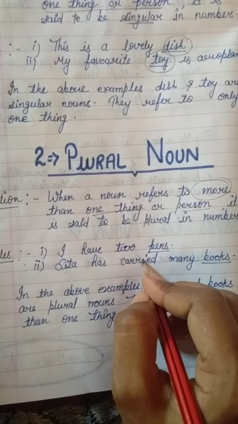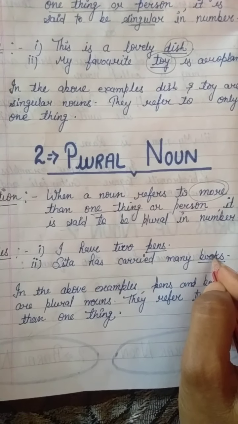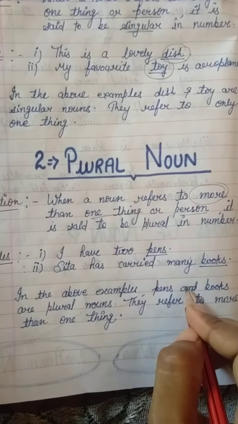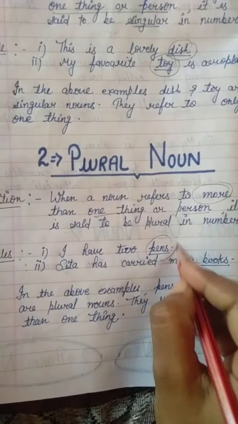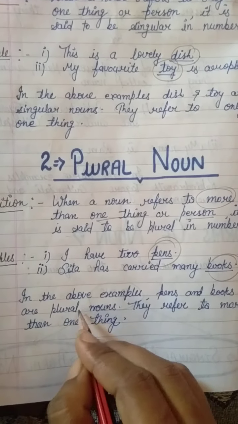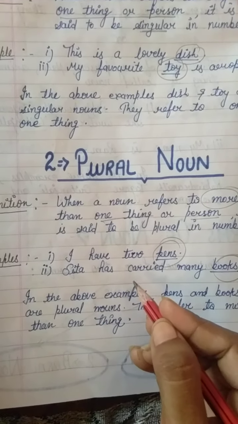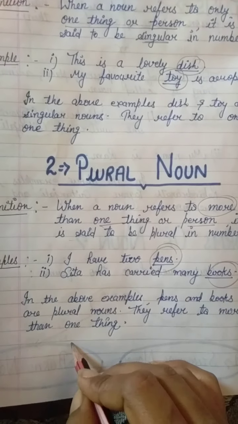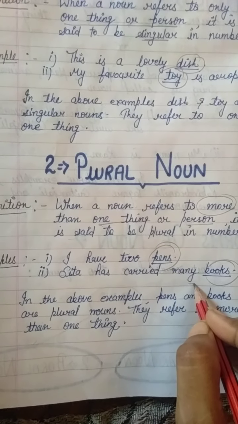Sita has carried many books. In the above examples, pens and books are plural nouns. Why so? Because they refer to more than one thing.